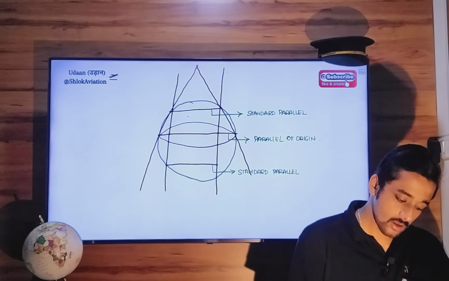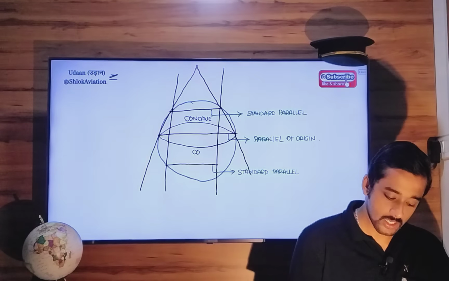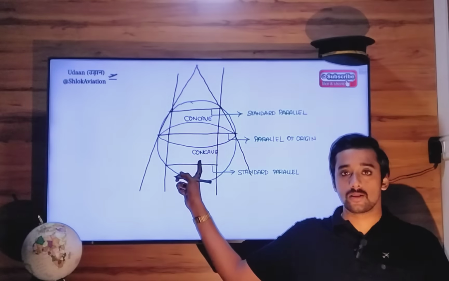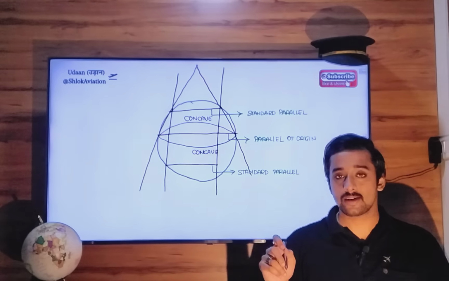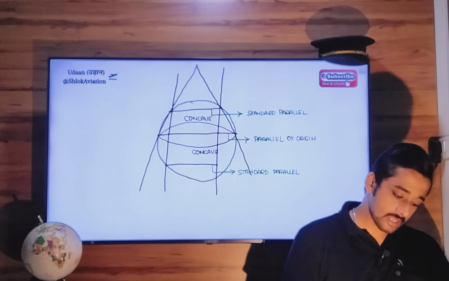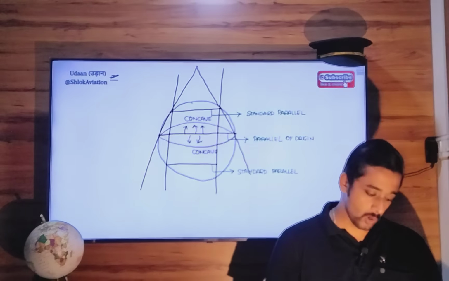So like this, concave to the parallel of origin or convex towards the nearest pole. So it will be bending away. Its tendency will be to bend away from the parallel of origin like this, or bend towards the poles.